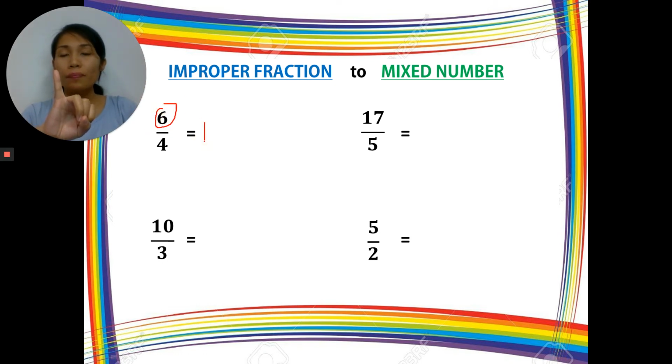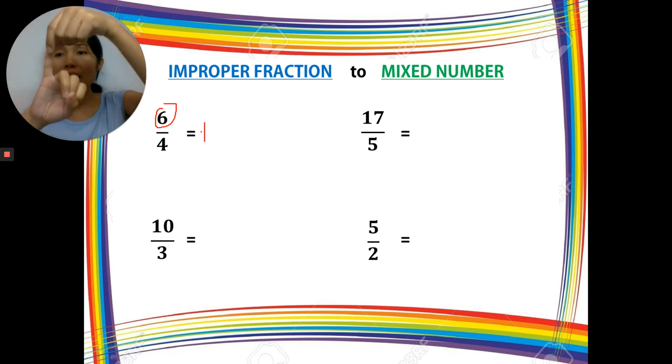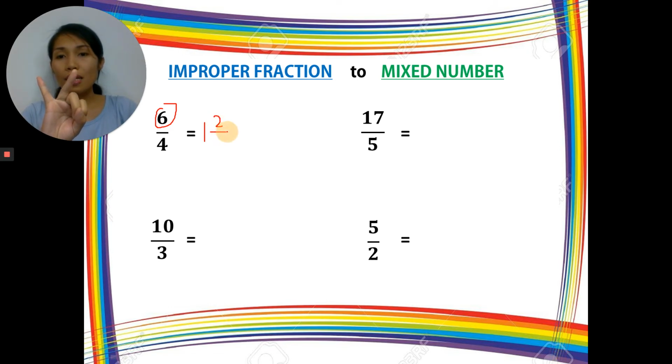So it's 1. Now 1 4 is just 4, then we need how much more? 4, 5, 6. Because the numerator is 6, we need 2 more to get 6, and then copy the denominator 4.